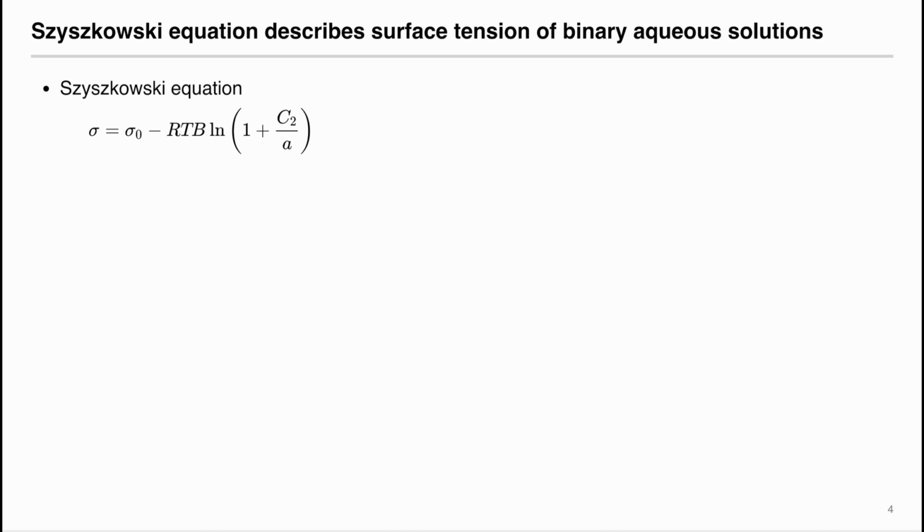In this case, the Szyszkowski equation helps us describe the surface tension of binary aqueous solutions, where sigma is the surface tension and sigma 0 is the surface tension of the pure solvent. R is the ideal gas constant, in SI units 8.314 joules per mole Kelvin.